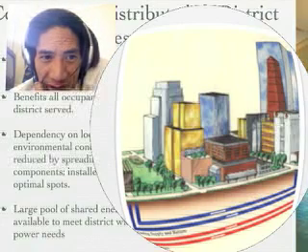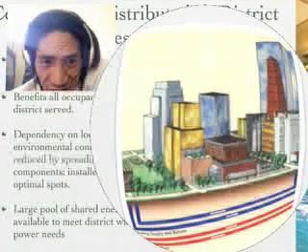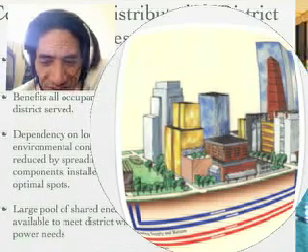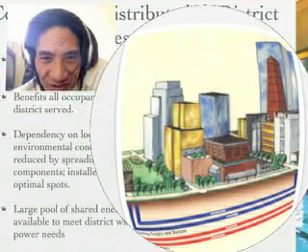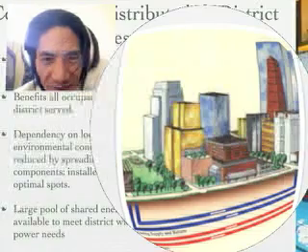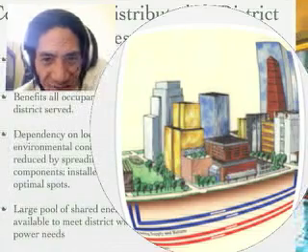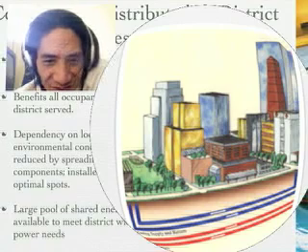It allows some improvement on, or some control over the dependency by intelligent placement of these components throughout the district. And since it's shared, there's now a large pool of shared energy that can be allocated amongst that district.